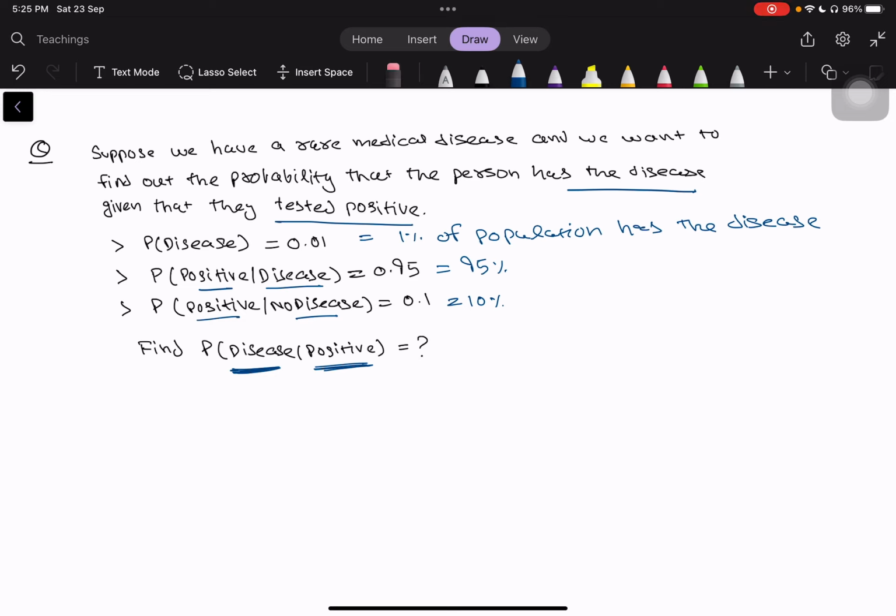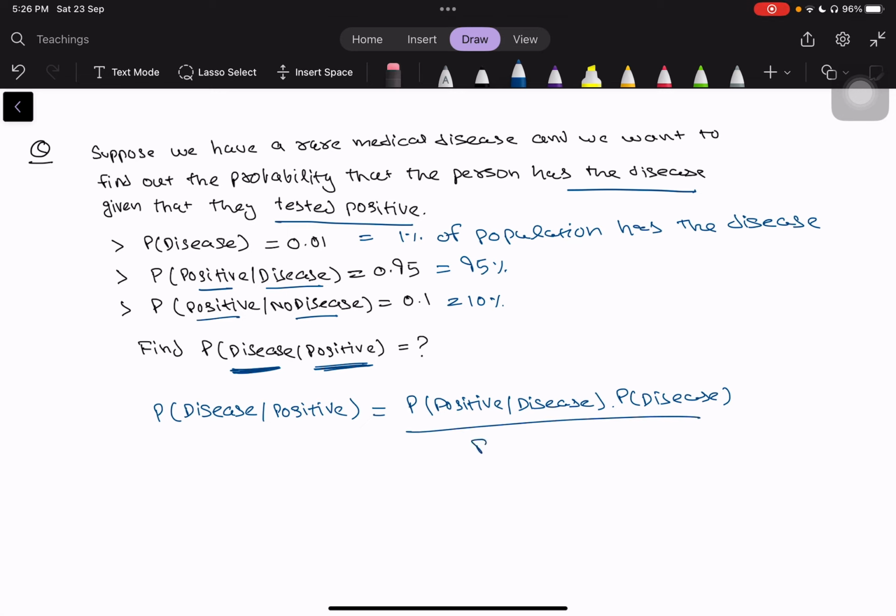So now let's think about it, this is conditional probability. So can we apply Bayes' theorem over here? So let's first write down what Bayes' theorem says. So it says that probability of disease given that the person tested positive is equal to probability of being tested positive given that the person has the disease multiplied by probability of disease, divided by probability of getting tested positive.